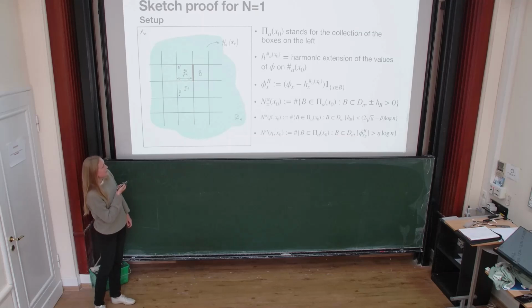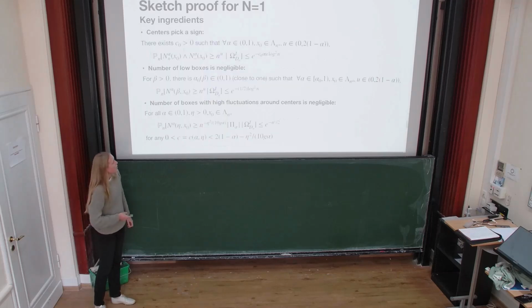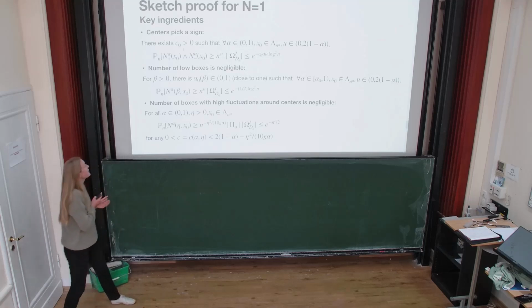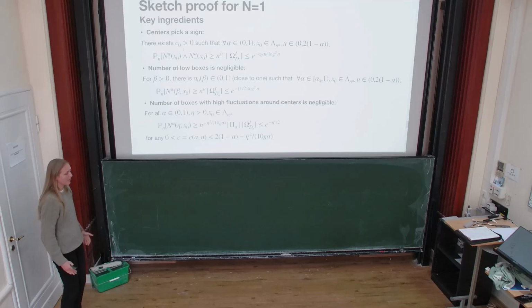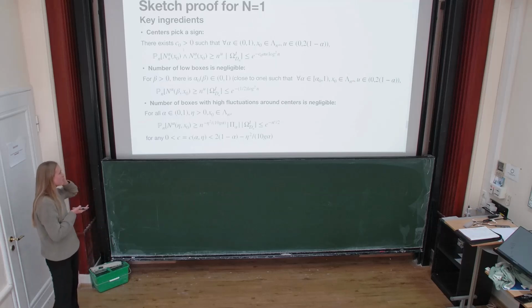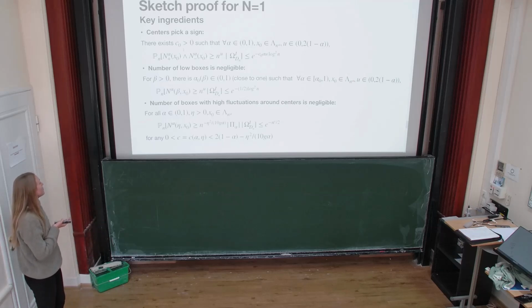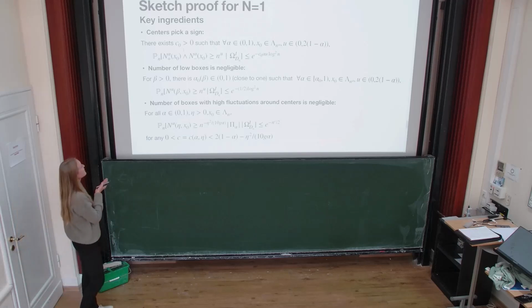Okay, taking this into account, we managed to prove these key ingredients, which would basically allow us to prove the rest. So these are really the key steps. Let me start with: the number of low boxes is negligible.